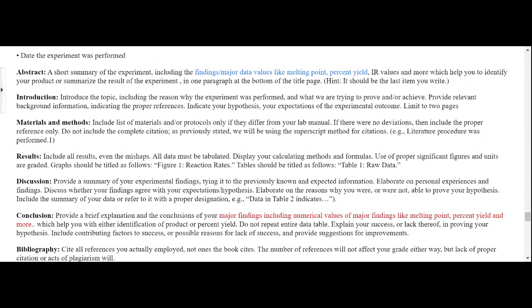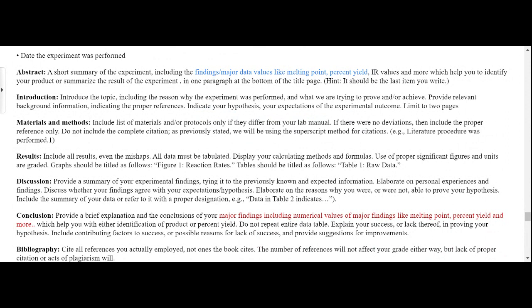You want to make sure there is a reason for the different color that I have there. You want to include numerical values, because those numbers are the ones that you're showing me. You're defending yourself and saying, yes, my experiment was based on these values.